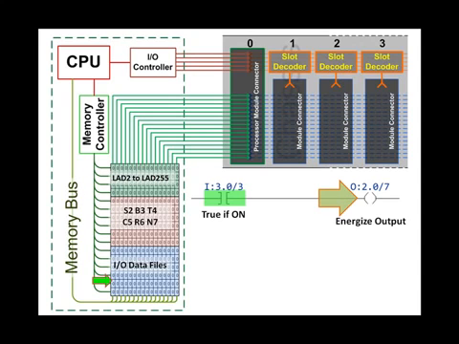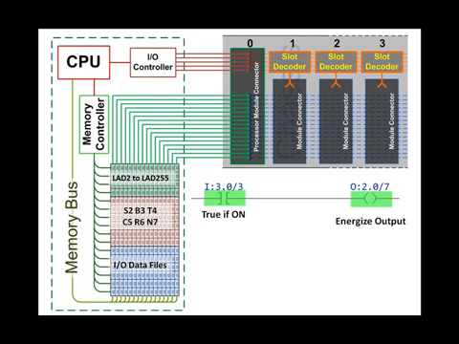Now, when you look at this diagram, you see that both the true if on instruction, the read instruction, is highlighted, and the energize output instruction is also highlighted. These highlights don't mean the same thing. If it is a read instruction, then it is highlighted if it is true.